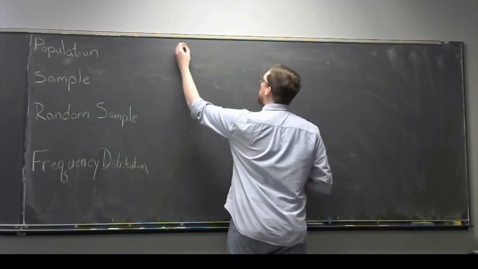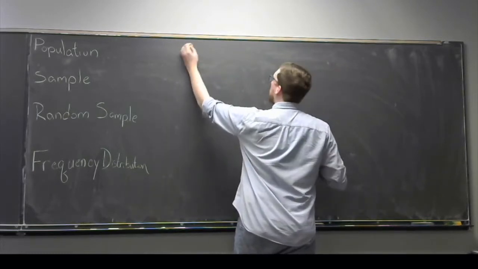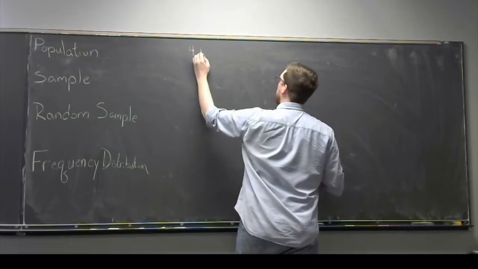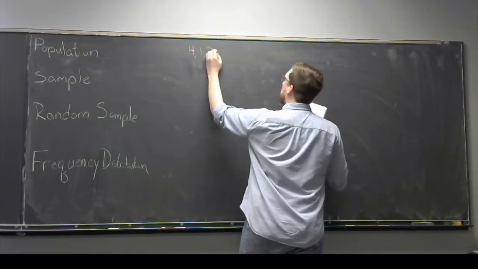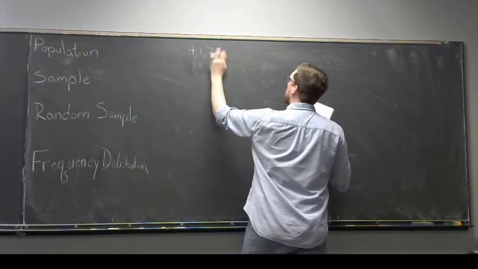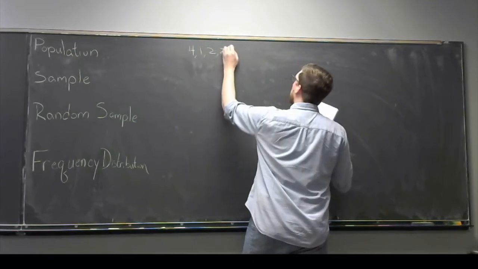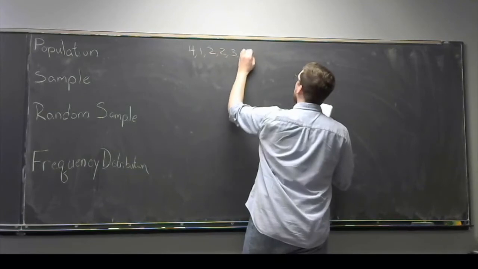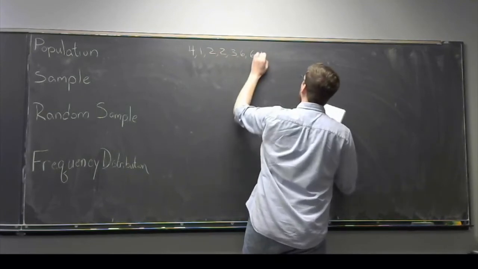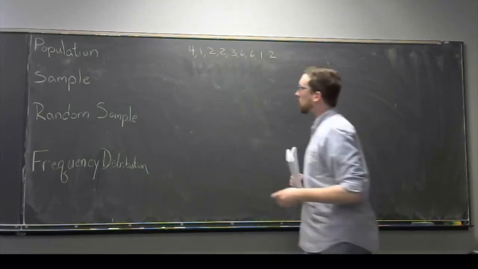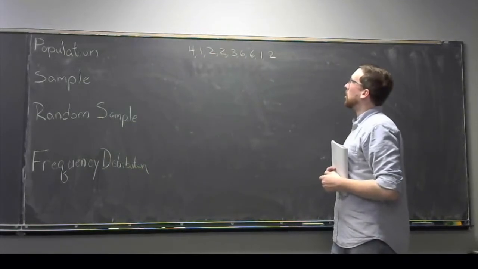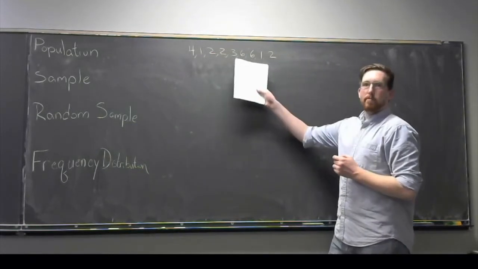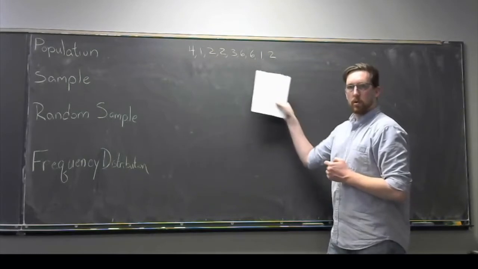And we roll 4, 1, 2, 2, 3, 6, 6, 1, 2. Well, this is our data, right? These are the rolls we made.